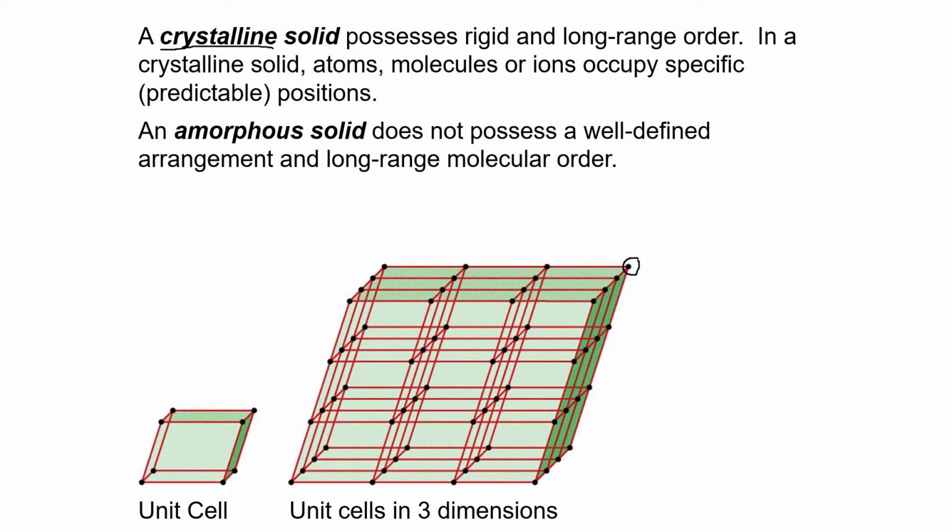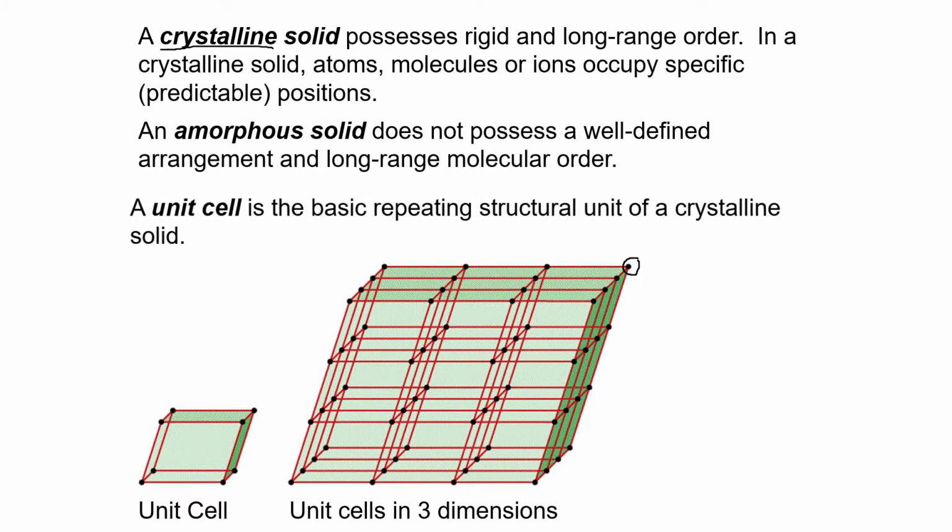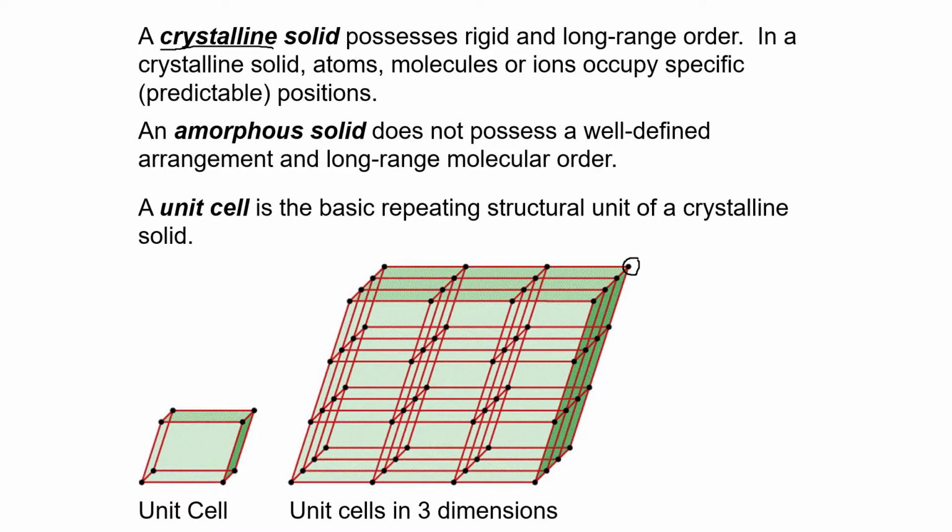An amorphous solid does not possess an ordered arrangement overall. The unit cell is defined as the basic repeating unit in that crystal structure. So this represents a unit cell, and this represents the unit cells within a crystal.